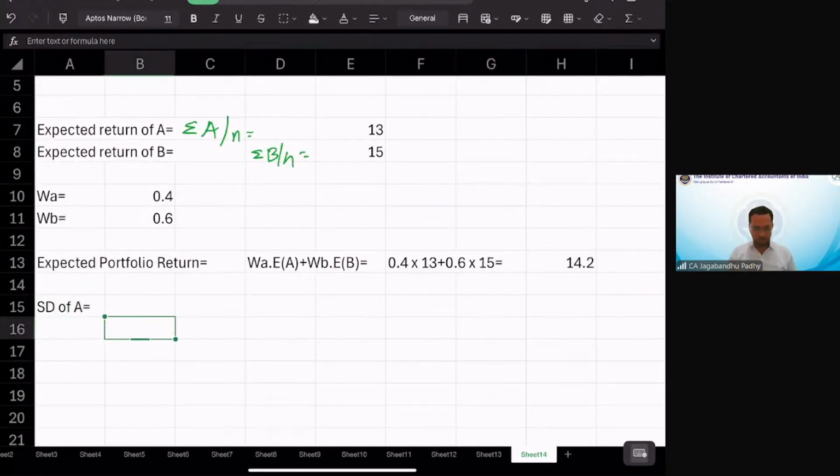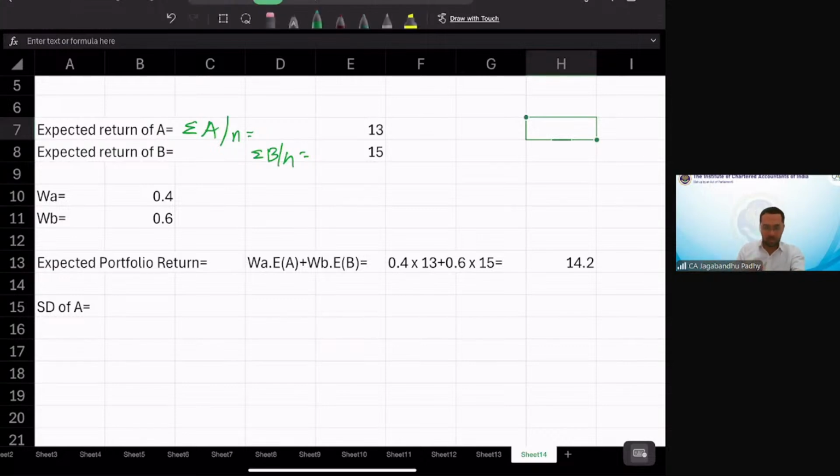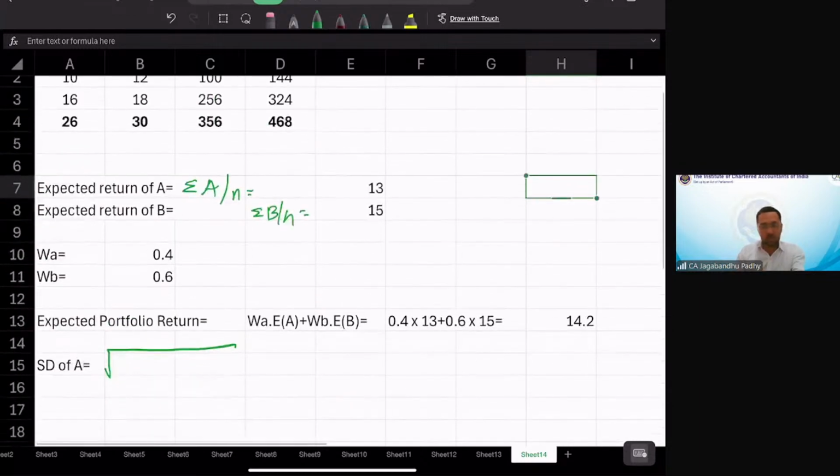Standard deviation of A. We know the standard deviation formula. Standard deviation is computed as the square root of, since there are two values possible, summation of A square upon N minus expected return of A square.